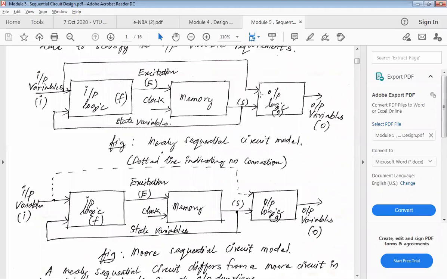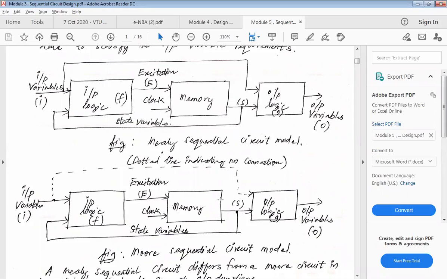Here output logic also has the inputs from the input variable. So I am going to get my output with respect to state variables and also with respect to input variables, which is I. So I and S are both needed for the output logic.